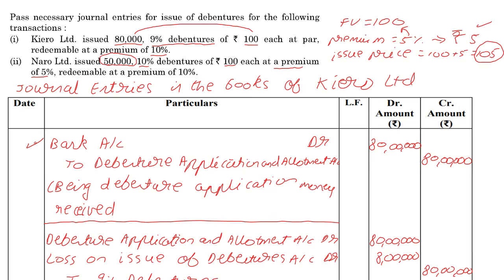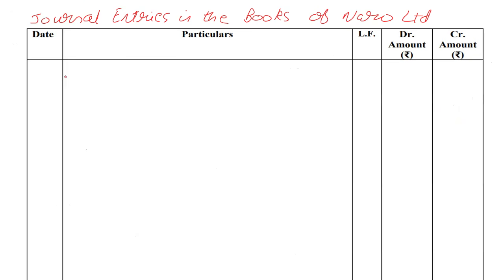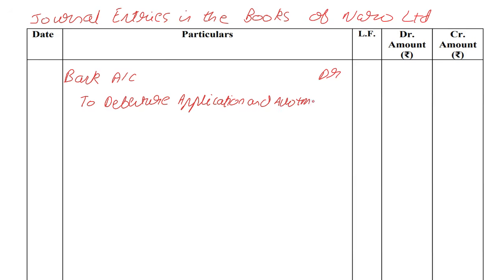The only question is the amount, and that amount is going to be 50,000 into 105. All right, so we have bank account debit to debenture application and allotment account.